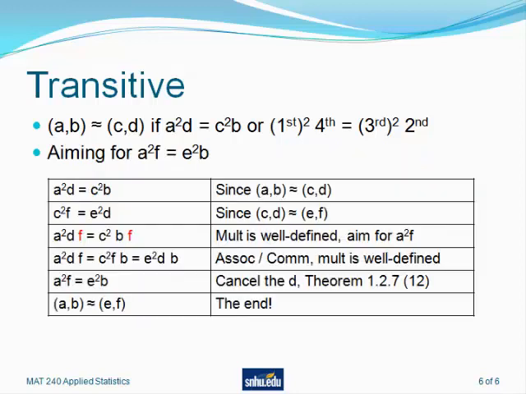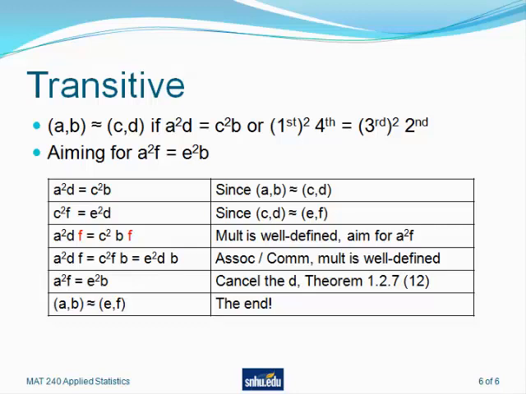Now let's see how that can be done. Here we have a table. The first two lines are what we're told are true. AB is equivalent to CD, and CD is equivalent to EF.